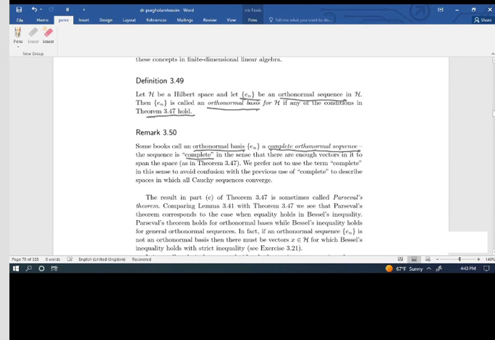It means that they construct H, or the span of En equals H.